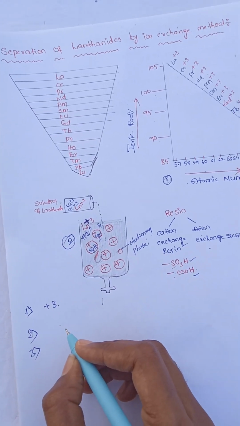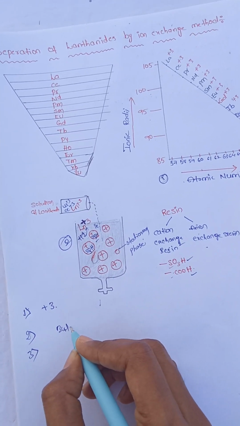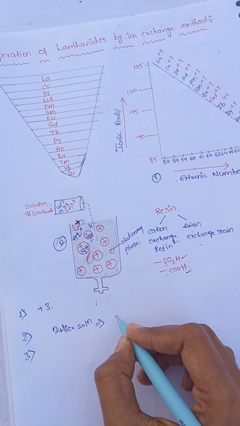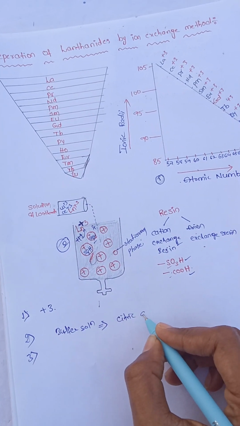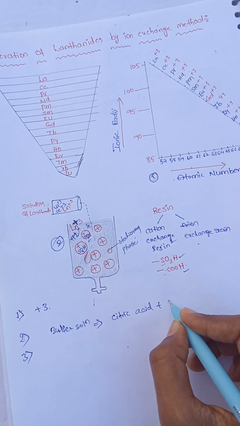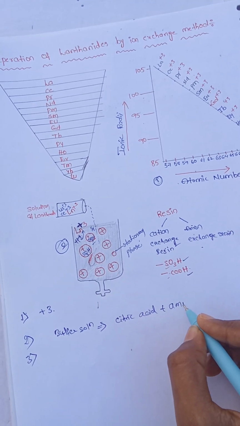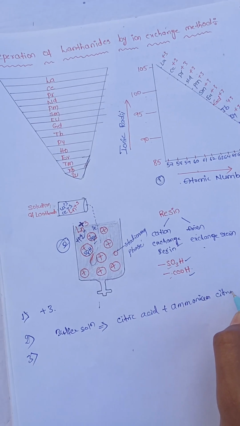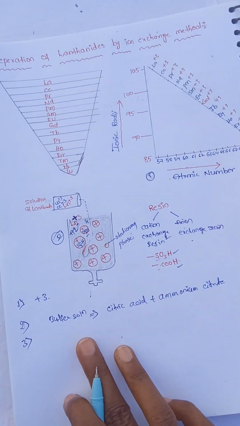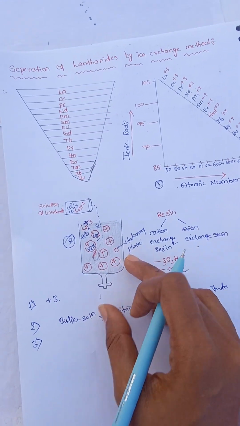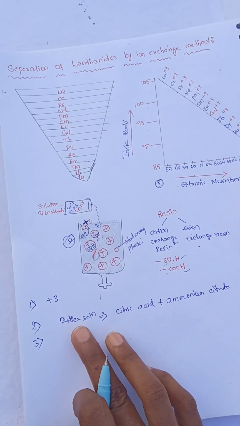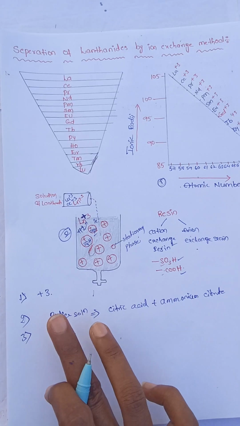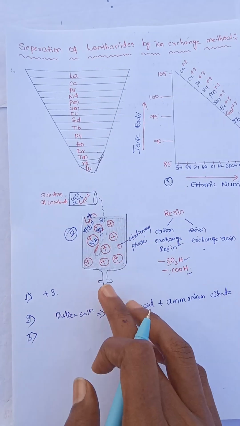So we have to take a buffer solution, citric acid and ammonium citrate, to remove and separate the lanthanum ions from the resin in this column.